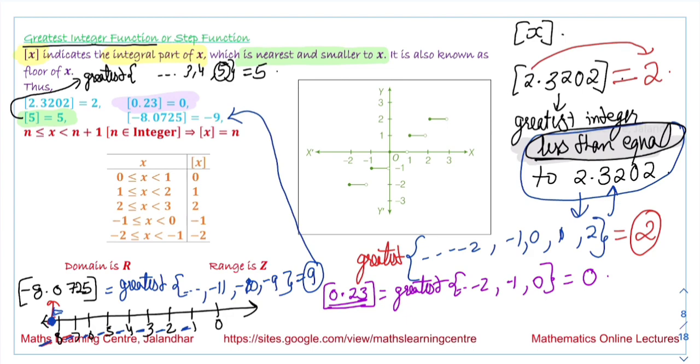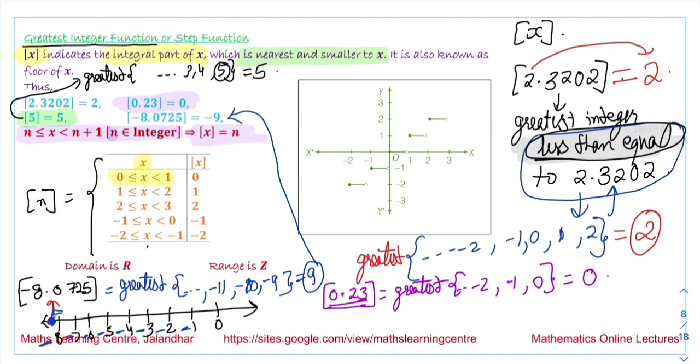If we write it in this form, that n is less than or equal to x is less than n plus 1, where n is an integer, then the greatest integer value of x is equal to n. This formula will be clearer to you with this value. So we are saying how this function is defined. It is if 0 is less than or equal to x is less than 1.